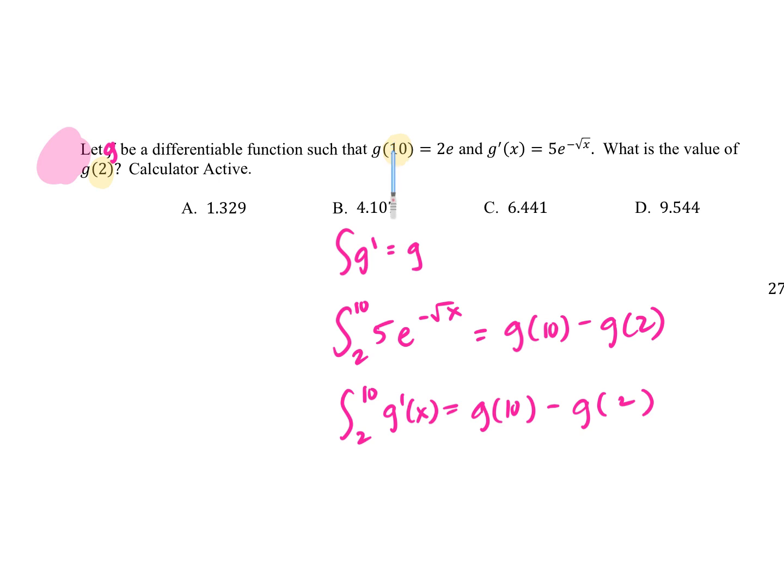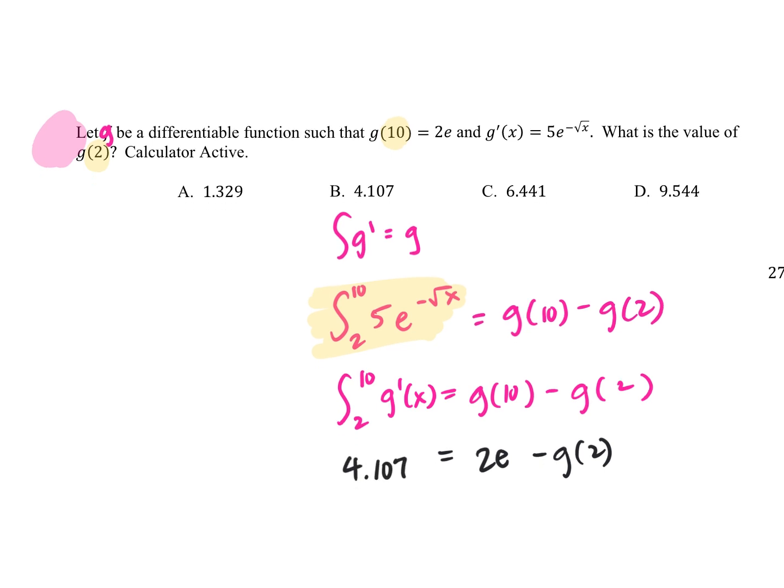Do we know what g of 10 is? Yes. So this I can just put a 2e, right? That's a 2e. I don't know what g of 2 is. That's what they want. Could I go type this in my calci? Yeah. Go type that in your calci. Let's go practice that. So we're going to math 9 from 2 to 10 of 5e to the negative root x. I got about 4.107. Perfect.